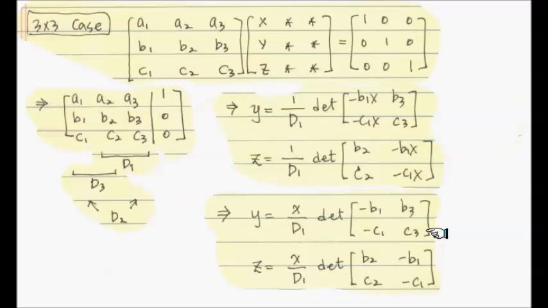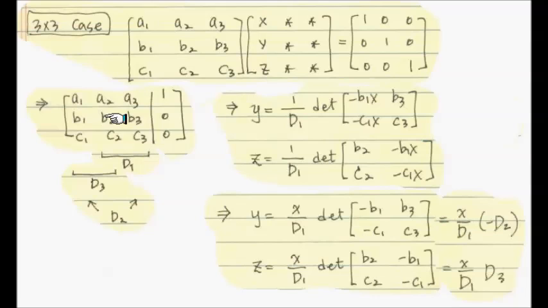That's exactly the determinant of d2, but because of this negative, if you calculate that simple 2 by 2, you'll see that this is negative d2. Negative d2 here, determinant, which I wrote here, x over d1 and negative d2. But if you look at it here, this one is b1 and c1 and b2 and c2.